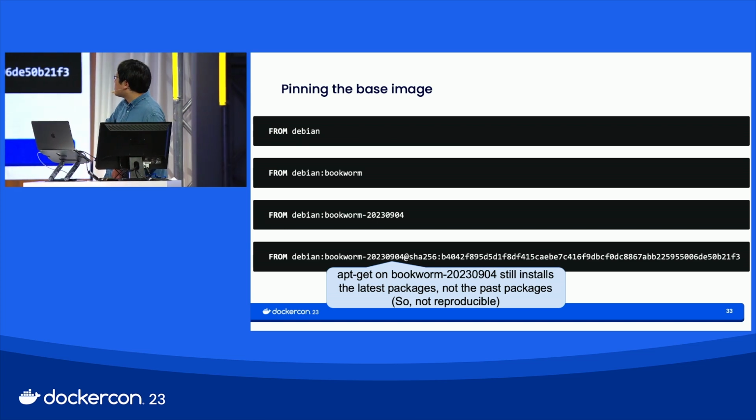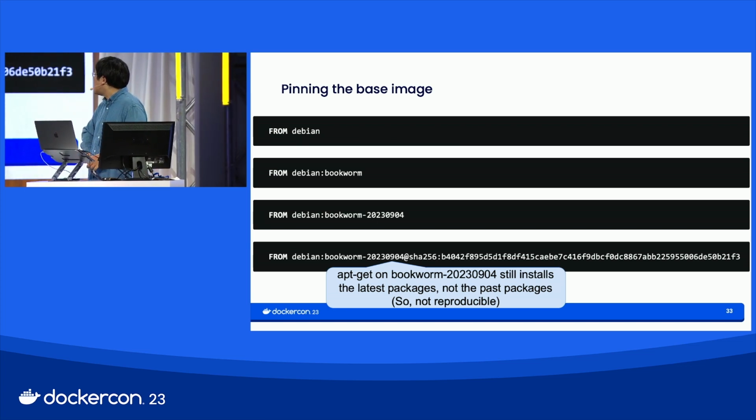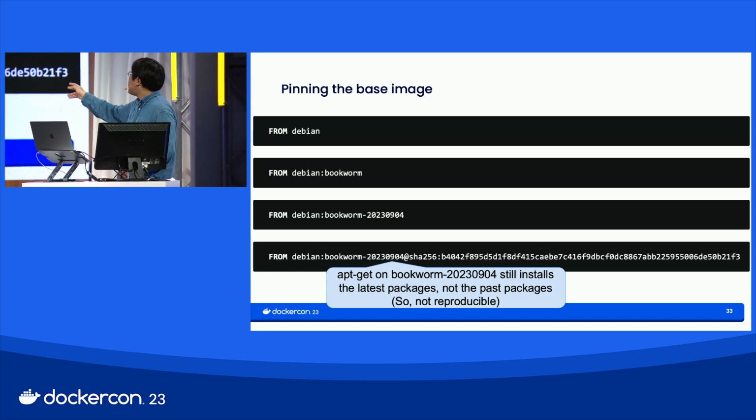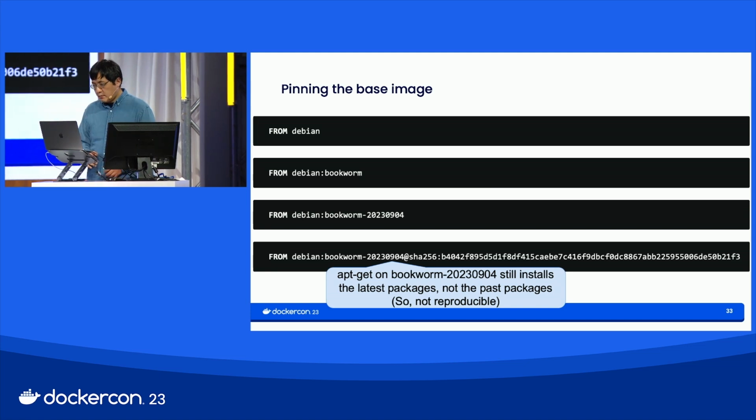It should be emphasized that you can run apt-get update on this bookworm September 4th image, but this still installs the latest packages, not the snapshot from September 4th. So this is still not enough for reproducible builds.